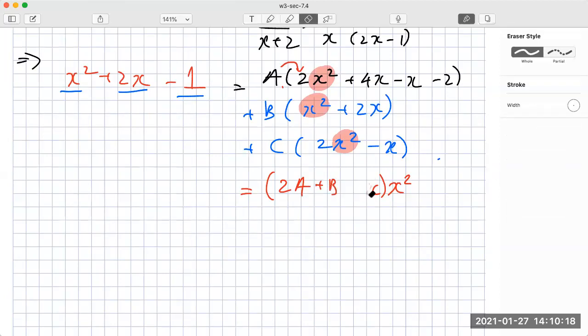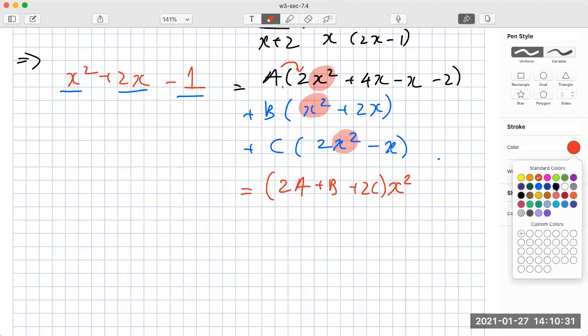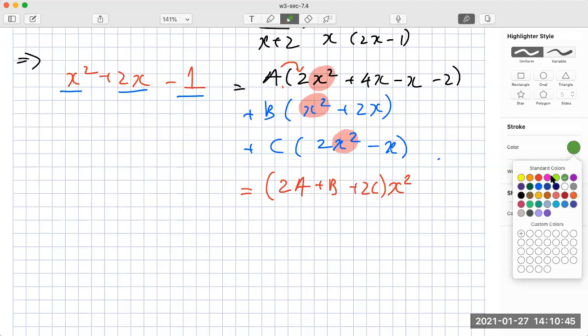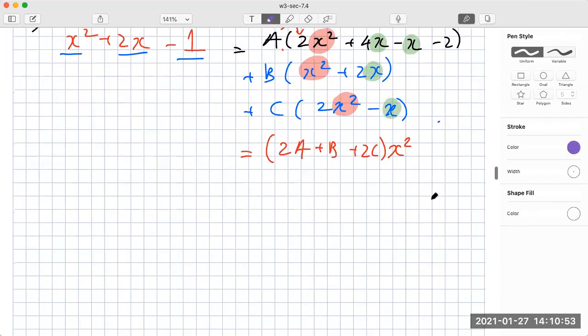Are we good with this one? Do you all see why we have this coefficient? Very good. Then we do the same with the second, the coefficient of order x, degree 1 here. We need to find them.